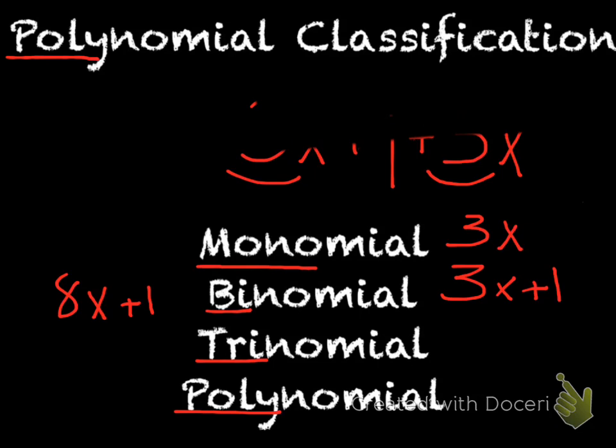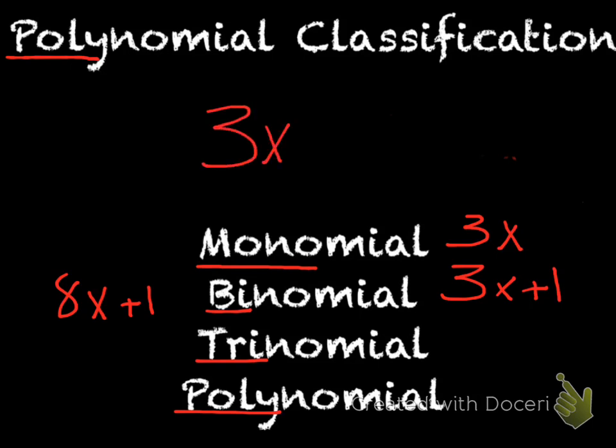Another nice example of a binomial. Oh my gosh. So if I go back to the original, I think I had a 3x. Then I added something to make it a binomial. I added a 1. And now I'm trying to figure out what can I add to this to make it a trinomial, and every stinking term I come up with can be combined with a term that's there.